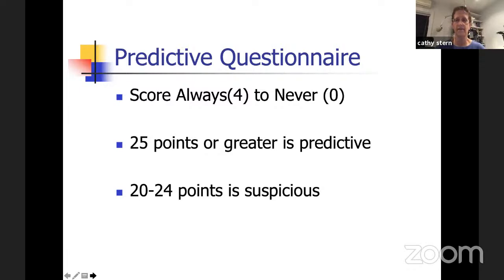Is it something they never experience? Is it something they always experience? And when you add up the points, for example, on the COVD questionnaire, they say if you have 20 to 24 points, maybe you have a vision issue, but you certainly should come in for an evaluation. And if you have more than 25 points, it's pretty predictive that there's going to be something in the visual system that's not the way it should be.